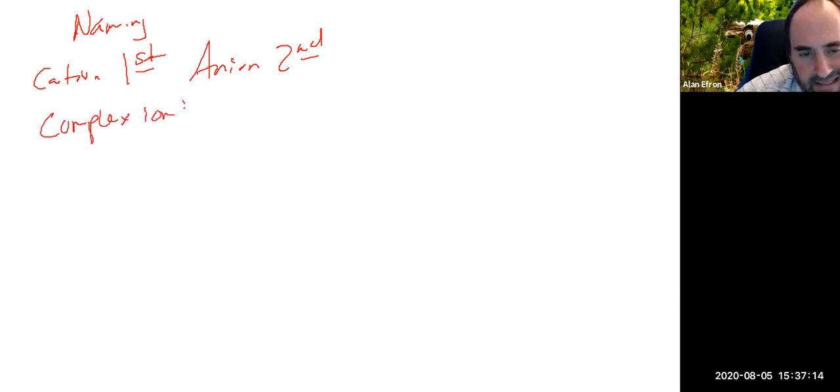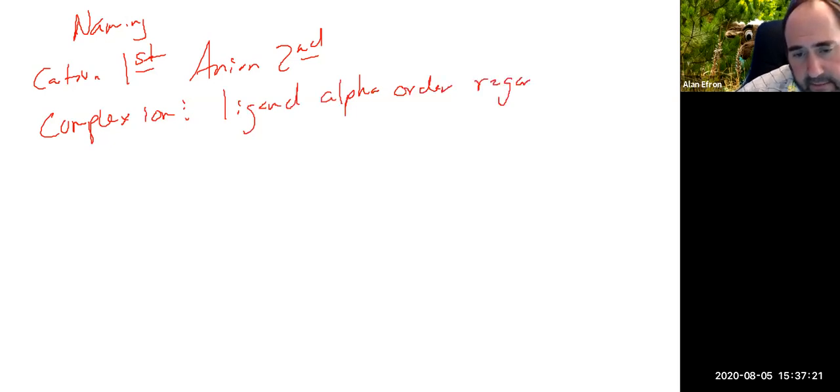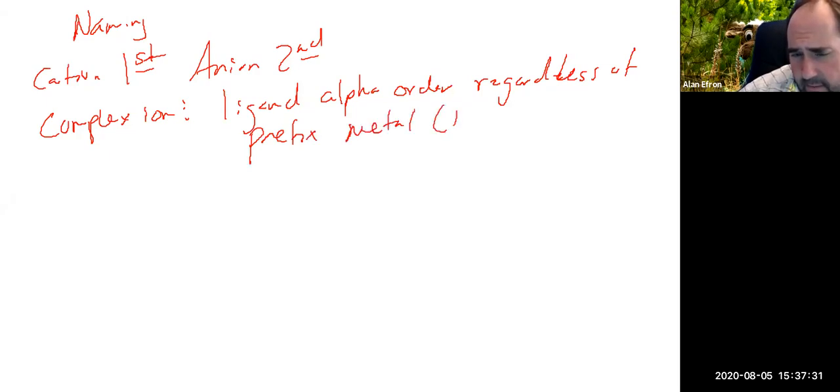We do the ligands in alphabetical order, regardless of the prefix, with the metal coming at the end and a Roman numeral. So the metal is always the last part of the name for the complex ion part of it. And again, we always include a Roman numeral to indicate the charge on the metal in the complex ion.